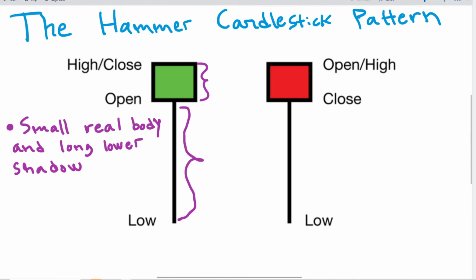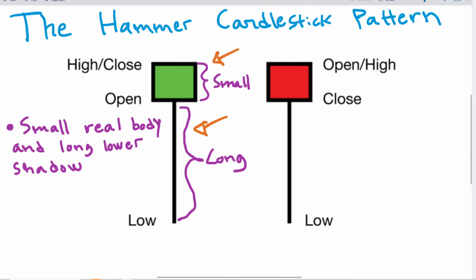The lower shadow is the shadow below the real body. In this case, you can see we have a small green real body and a long shadow. In general, for it to be a hammer candle, we want the lower shadow to be at least twice the length of the real body.